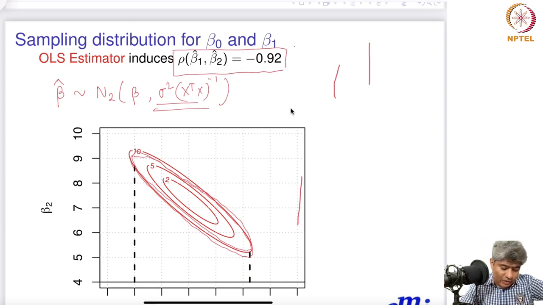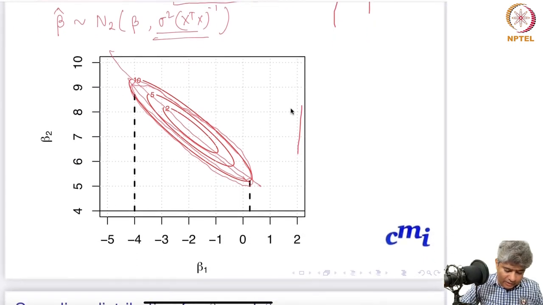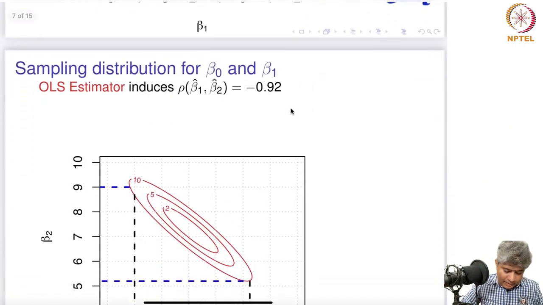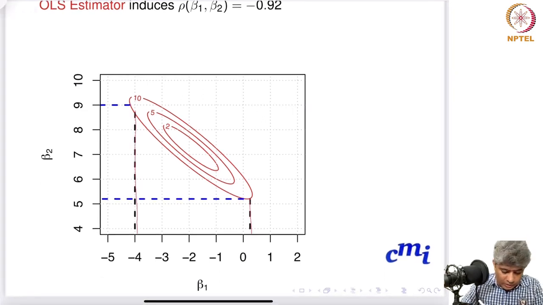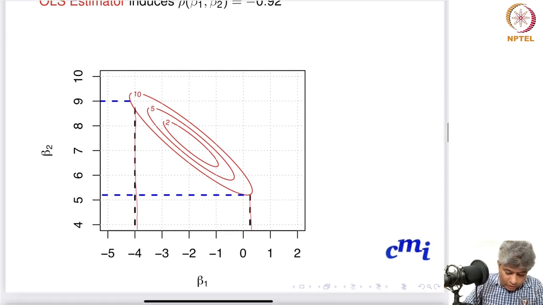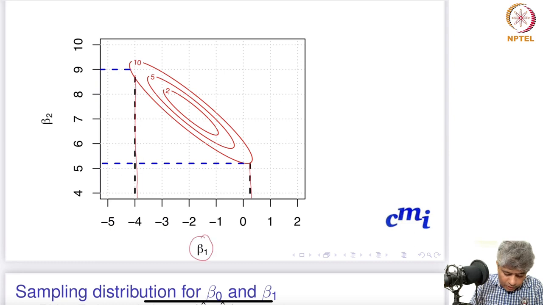As a result of the high correlation, the whole thing becomes very large, and if you compute a 95% confidence interval, β1 was the coefficient of weight.